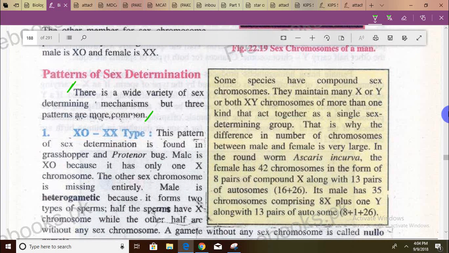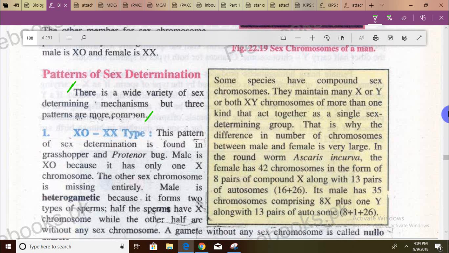This is a bit of extra info. Some species have compound sex chromosomes, they maintain many X or Y or both XY chromosomes of more than one kind. They act together as a single sex-determining group. That is why the difference in the number of chromosomes between the male and the female is very large.